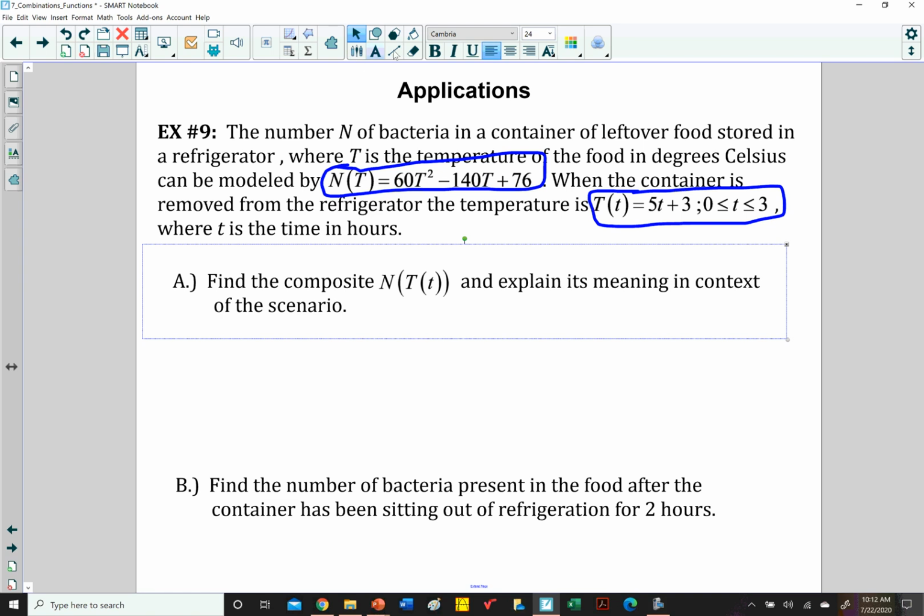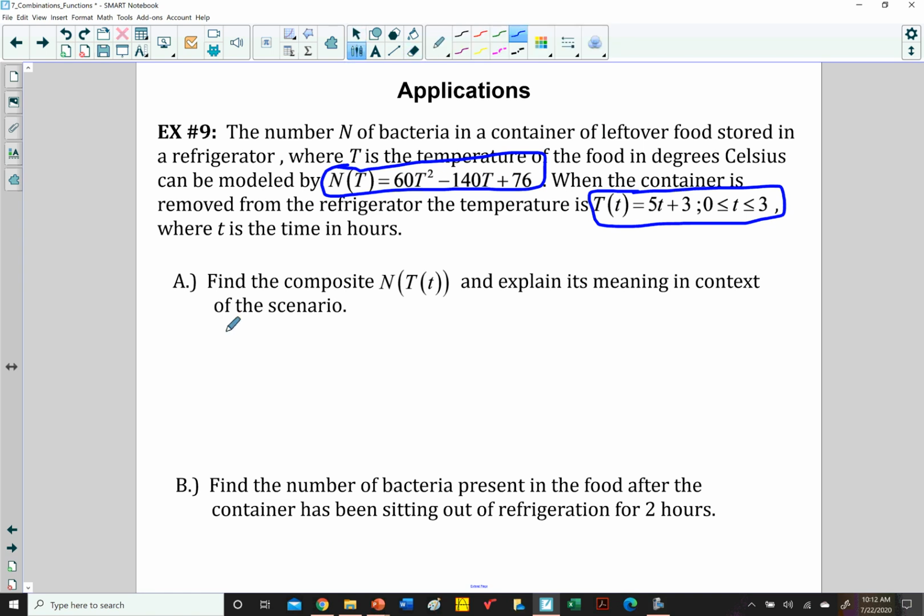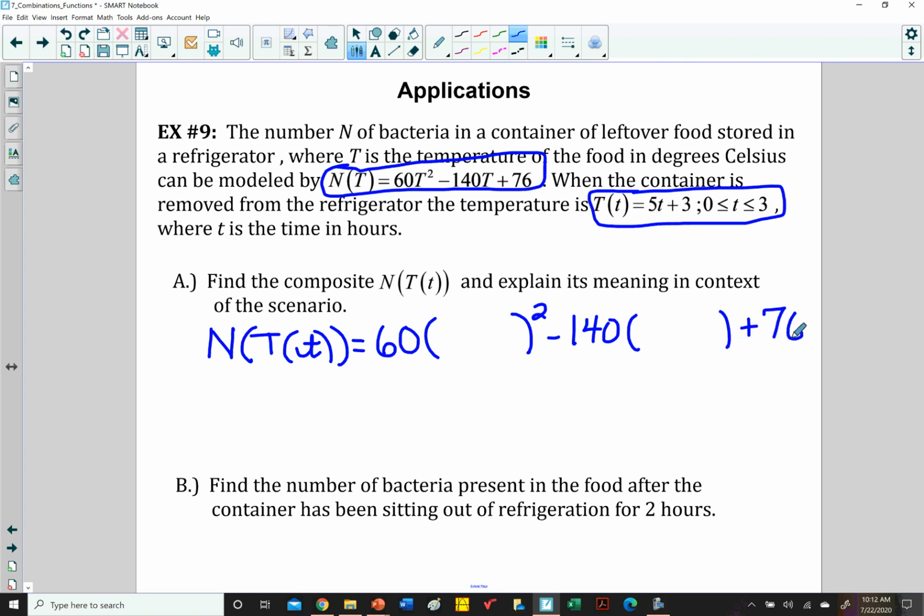Okay, let's see. The composite function would be capital N of capital T of little t, and that would be 60 capital T squared minus 140 capital T plus 76, where we're taking out the capital T and substituting 5t plus 3.